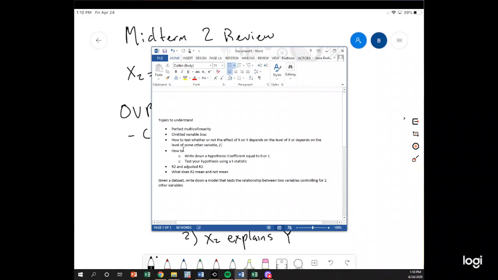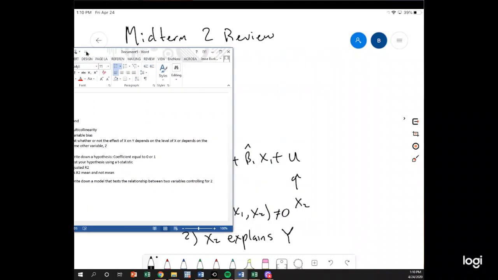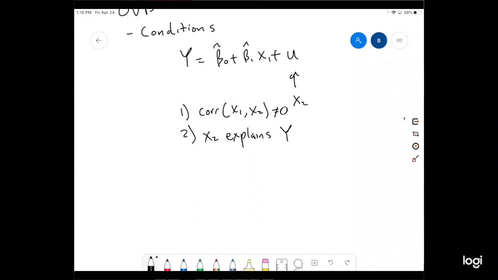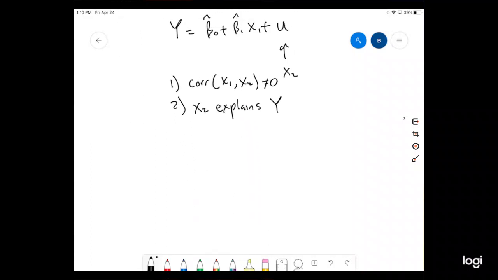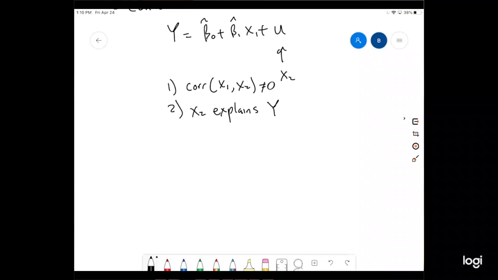You should know how to write down a hypothesis. Let's say we've got a hypothesis in this model up here. Maybe our hypothesis is that beta 1, this is the null hypothesis, so we put a 0 there. Beta 1 is equal to 0 versus beta 1 not equal to 0, some other value.